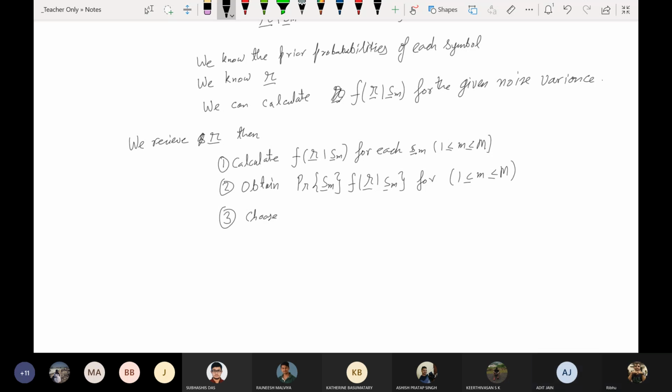So the task of detection is that given whatever information you have, you want to choose a symbol that maximizes the probability of correct decision. We know there is random noise, and given that, we want to maximize the probability of detection.